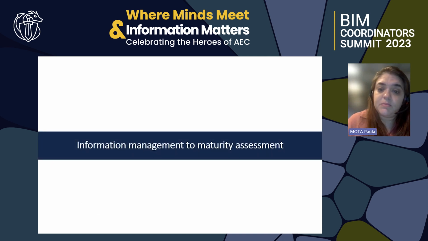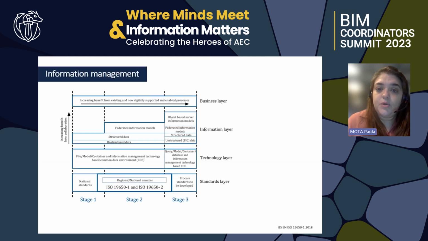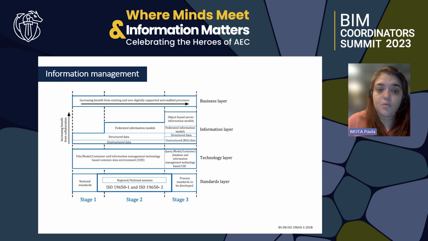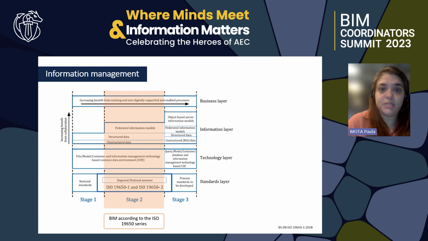So about information management to maturity assessment, we all know that in ISO 19650 we have a sequence of maturity stages regarding BIM, stage 1, 2, and 3, in different layers that you can see in this picture. But what I did was focus on stage 2 of maturity.